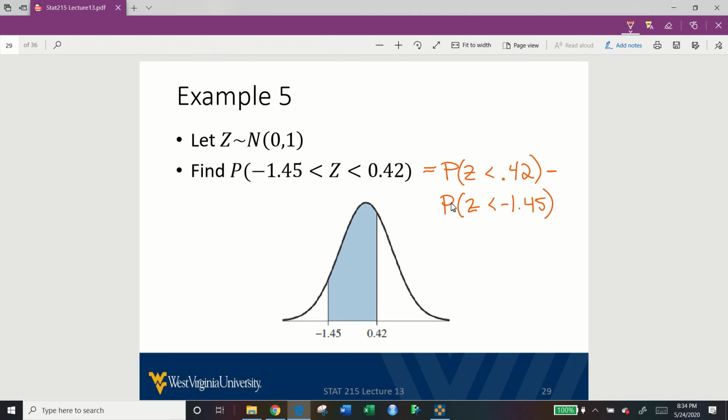Because our table is going to give us the area that's to the left, so everything that I'm highlighting in orange, we are going to subtract the probability of z being less than negative 1.45, which is this part I'm going to highlight in blue, which will leave that remaining part we care about, which is from negative 1.45 to 0.42.